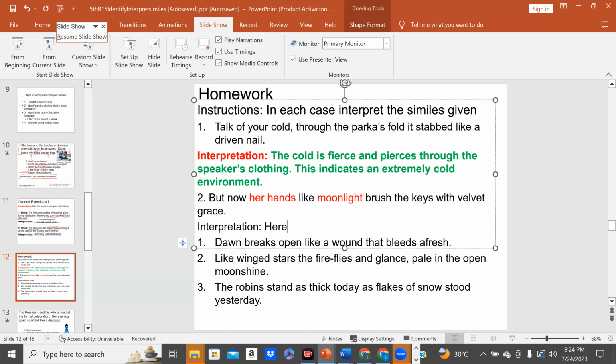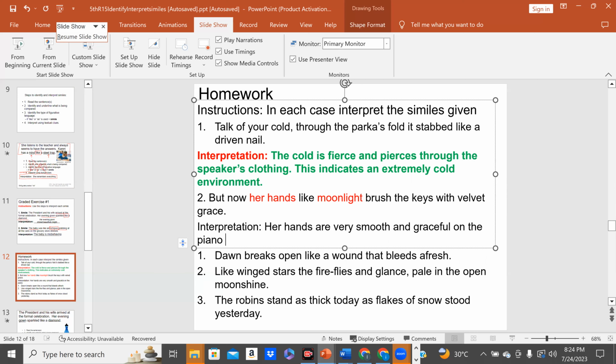So it's saying that her hands are very smooth and graceful on the piano keys. So basically this is a pianist.